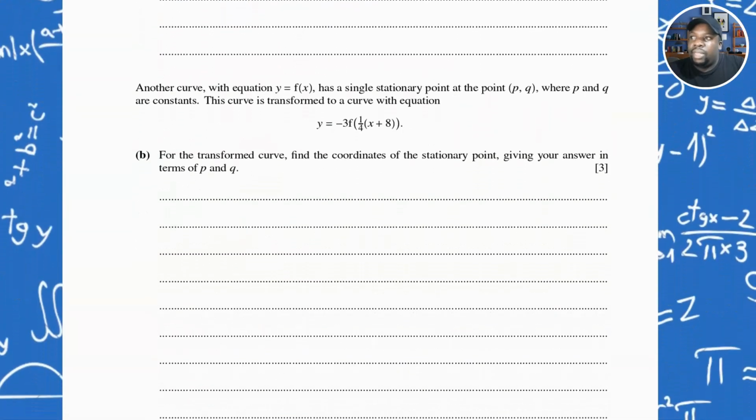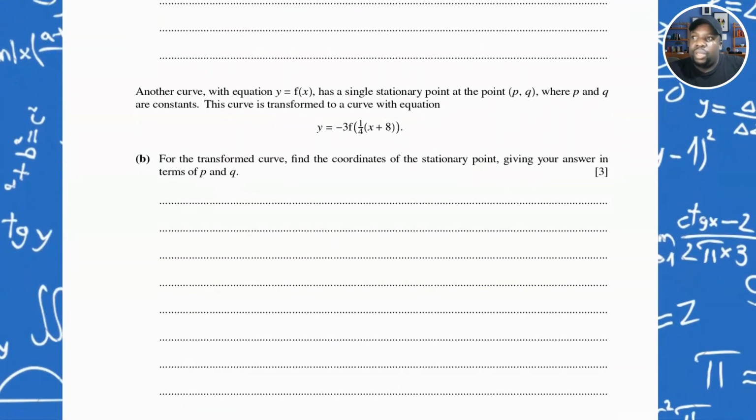On part B, the question says another curve with equation y is equal to f of x has a single stationary point at the point P, Q, where P and Q are constants. This curve is transformed to a curve with equation y is equal to minus 3 f of a quarter of x plus 8.